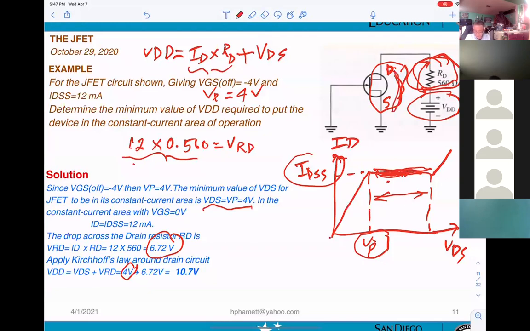If you look at the graph right here, to start working in the constant region, VDS must be equal to VP. And they already gave you VGS off, then you know VP. VGS off is minus 4 and VP will be plus 4. Then you add those two voltages, and that gives you the voltage for VDD. That is the whole example.